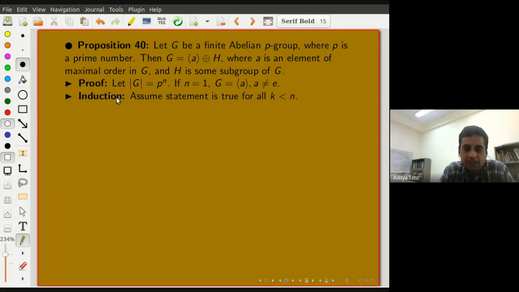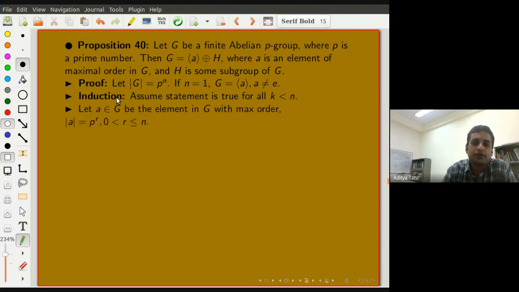So if the group G has order p to the power n, I'll assume that the statement is true for all k less than n. Okay. So let us pick, as the statement says, an element A in the group G with maximum order. Since the group G is a P group, the maximum order will be P to the power some R, where R can be between 0 and n.